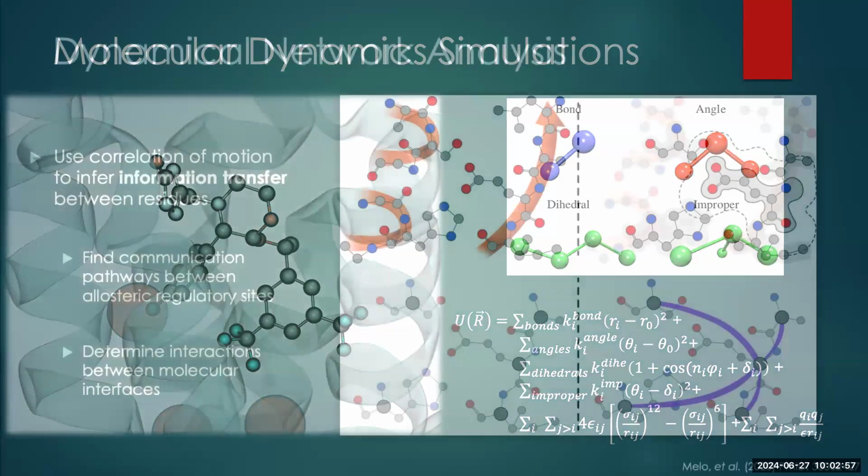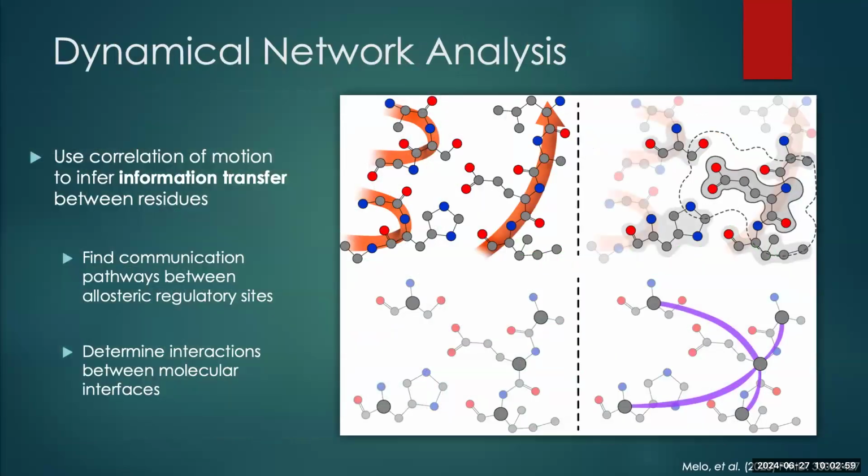There are many different ways to look at and try to extract correlations from molecular dynamics simulations. One class of methods focuses on calculating correlations between interacting atoms. One of these is called dynamical network analysis.